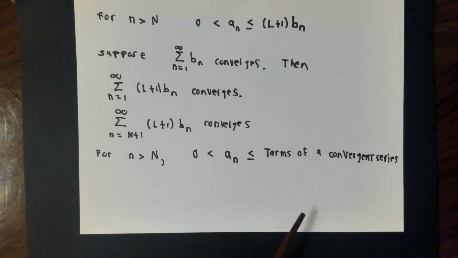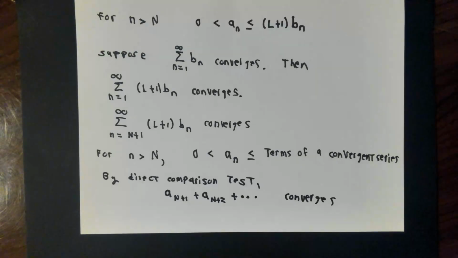The direct comparison test says the sum of those quantities starting at little n equals capital N plus 1 and increasing must converge. But once again, we have said that altering a finite number of terms of an infinite series doesn't affect its convergence or divergence. I could think of this infinite series as being the a infinite series, where someone has set the first capital N terms to 0.